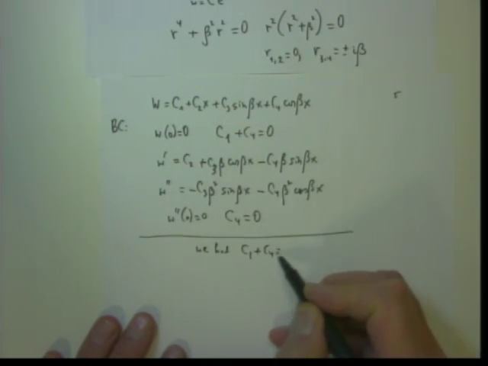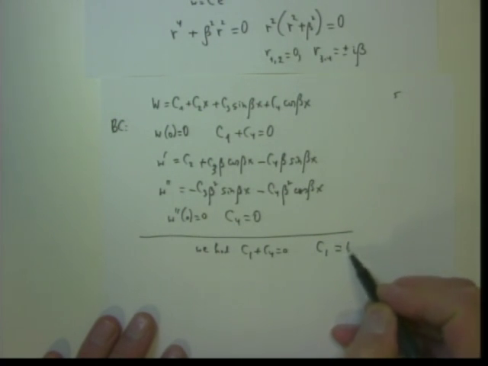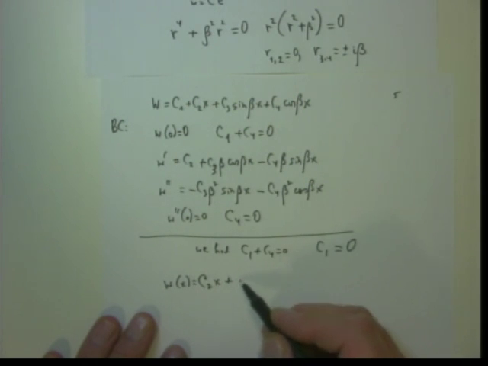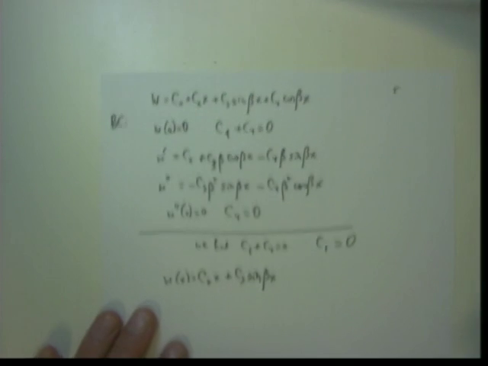C1 plus C4 equals 0. Therefore, C1 is also 0. So W of x equals C2x plus C3 sine beta x.